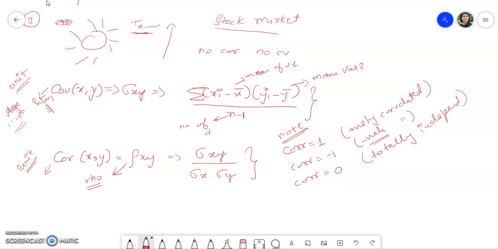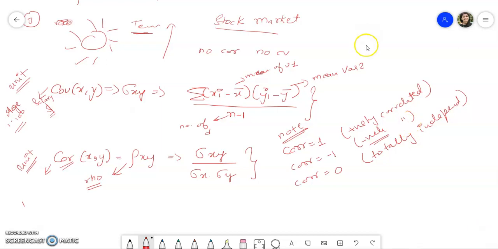You cannot compare these two numerical values because they have different units. But correlation is free of units, you don't put any kind of unit over there, and then you can compare the two variables. So you can go for correlation or covariance based on the requirement.